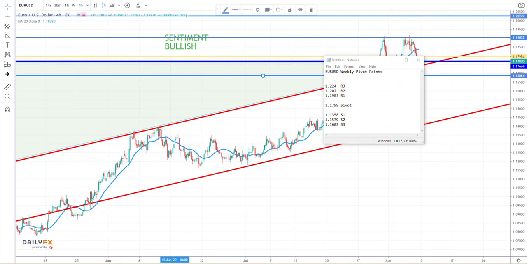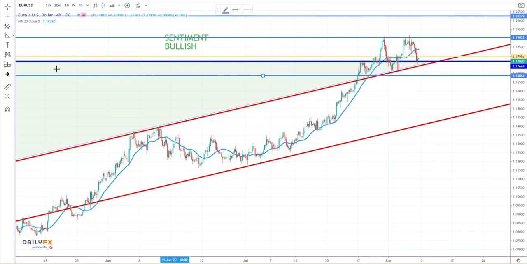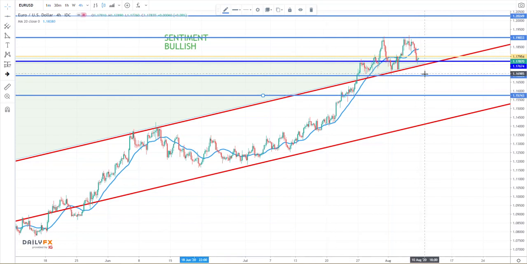Okay, support 2, 1.1579, right about there. If this first support is broken, price could go to the second support, and in the big scheme of things, as you can see, it would still be on trend. However, now that we're moving up above this parallel channel, I'm going to set my stops for price.